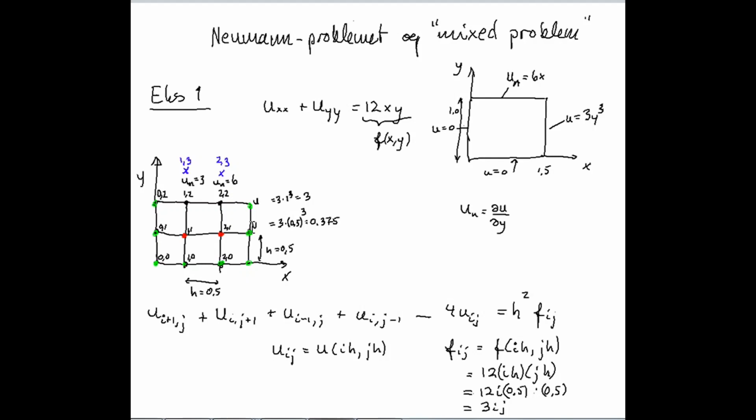Here we have 3 times the y value in this point, which is 1/2, exactly the value of h, and we take the cube of this and we get 0.375. At this point we get 3 times the cube of 1, which is 1 of course, and we get 3. u is equal to 3 in this point.